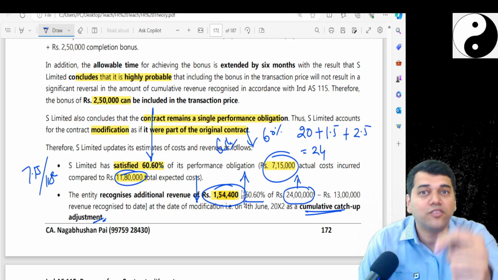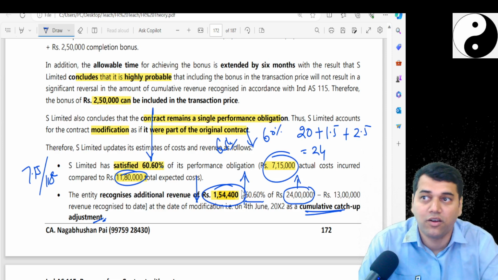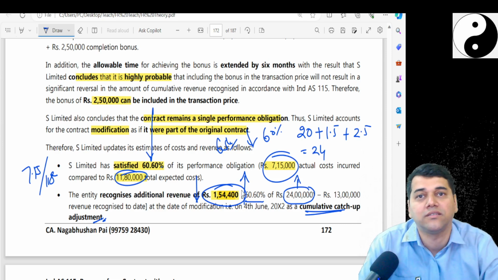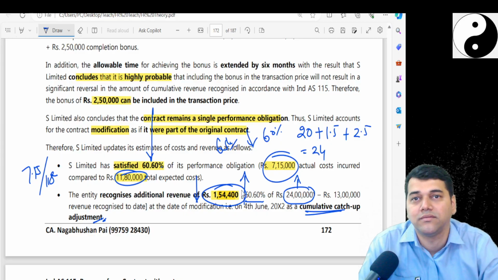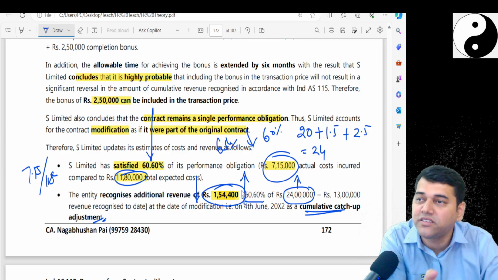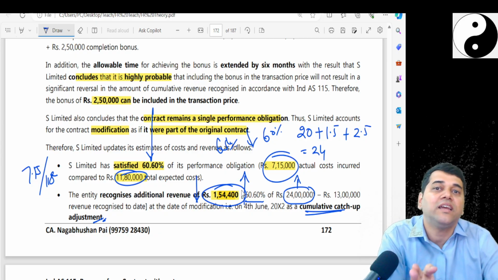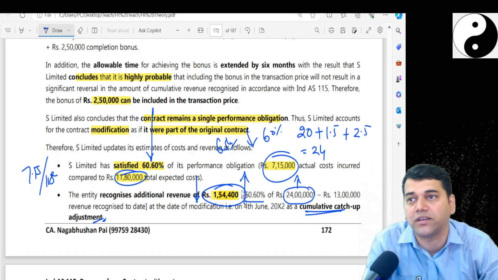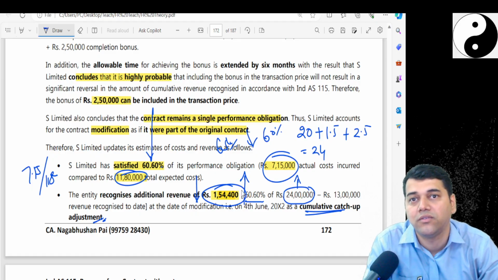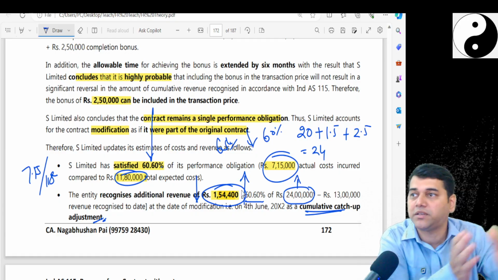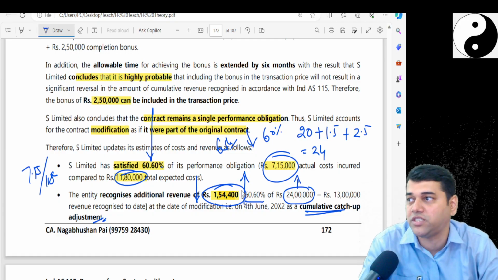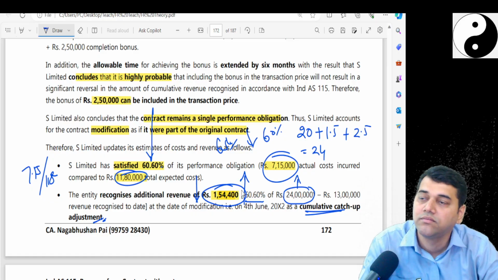The day this contract is signed, on that day you pass this additional entry. And why did you pass this additional entry on that day? Because you have treated it as a continuation of the existing contract. Why? Because no distinct goods or services were added, but the contract terms got changed. Clear?